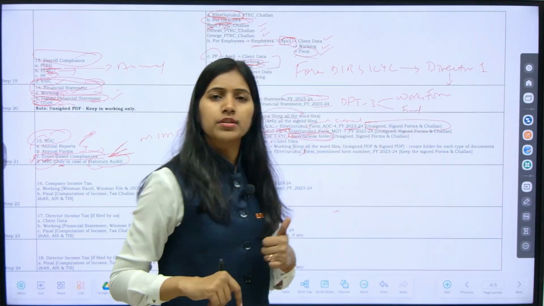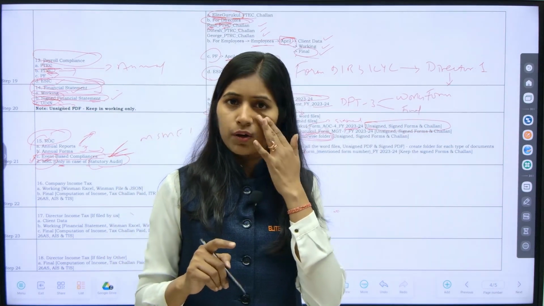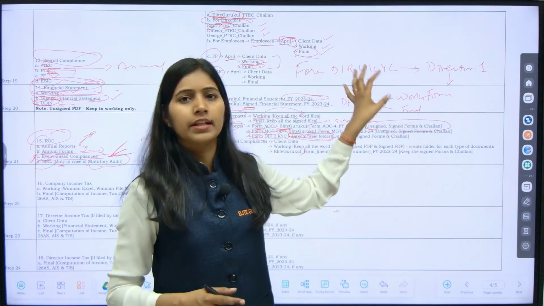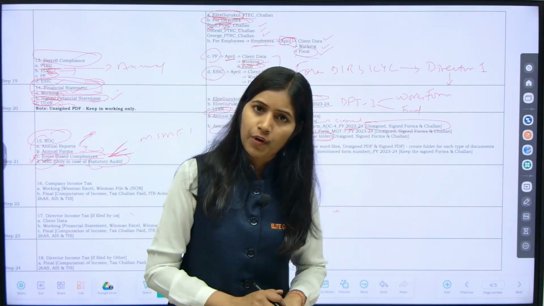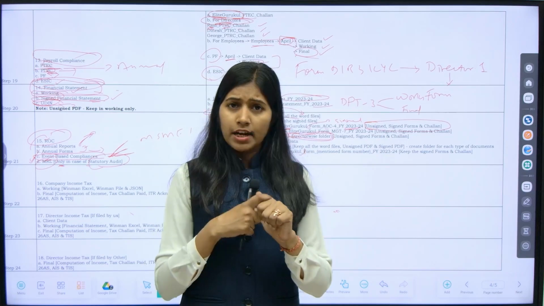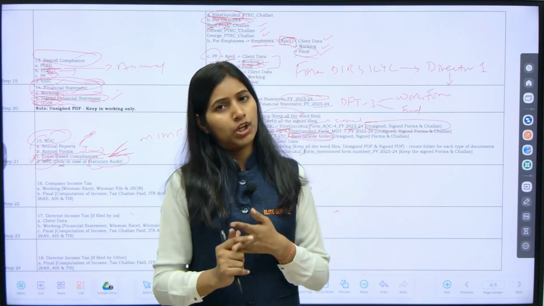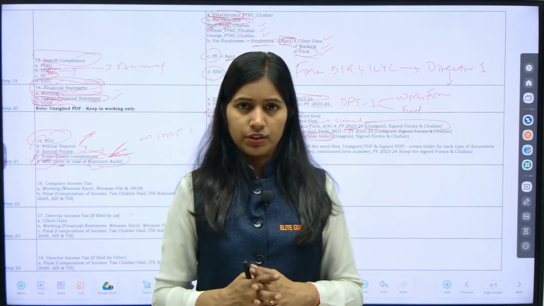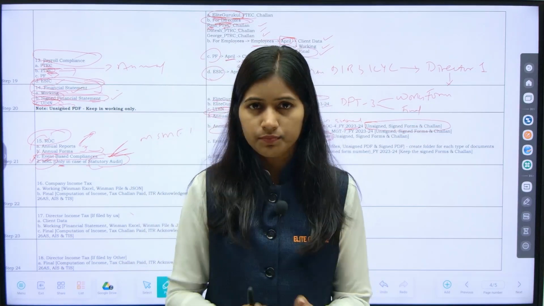Under working, you do certain workings, because certain workings are required for filing form DPT3. Once the form is filed, once the form is ready, it will come under the final. So the unsigned form, signed form, and challan for the same will come under the final tab. I hope I am clear to you with these things.